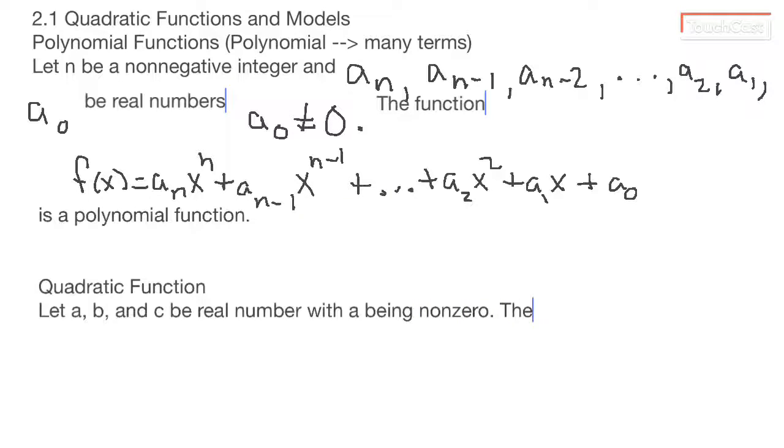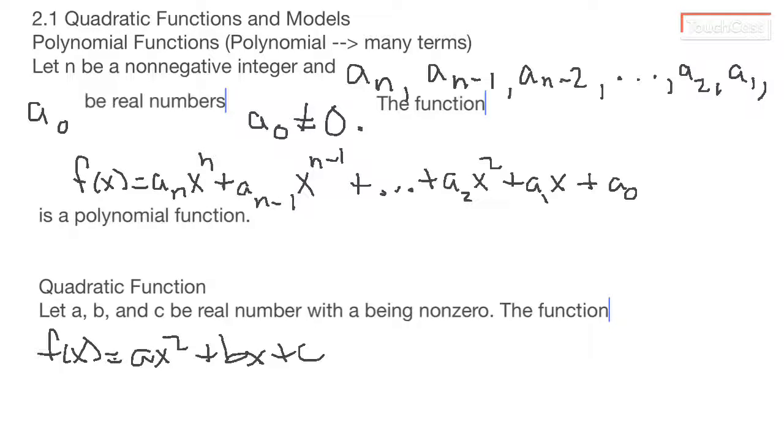The function f of x equals ax squared plus bx plus c is a quadratic function, meaning that the graph is a parabola that either opens up or down.